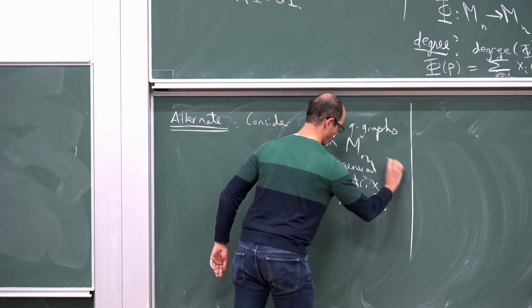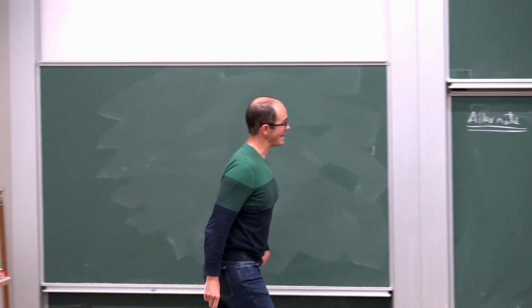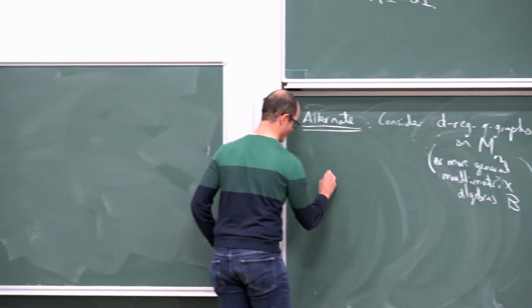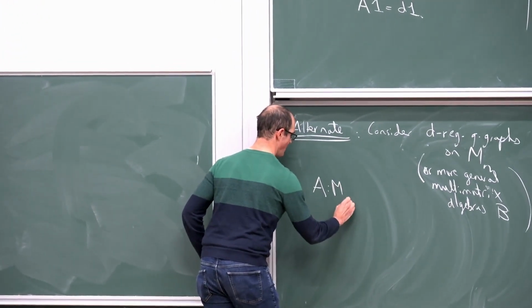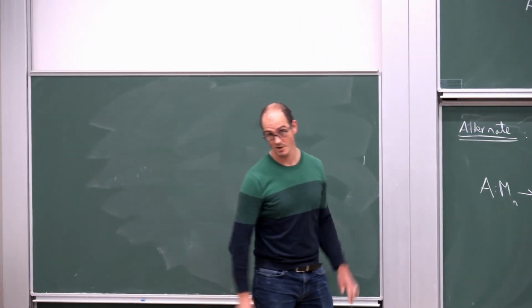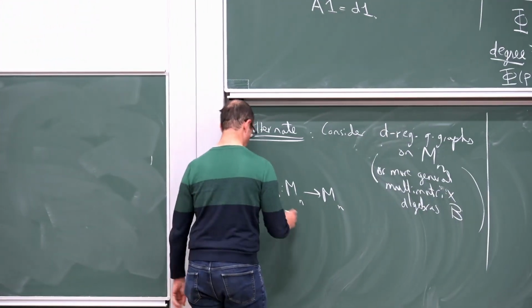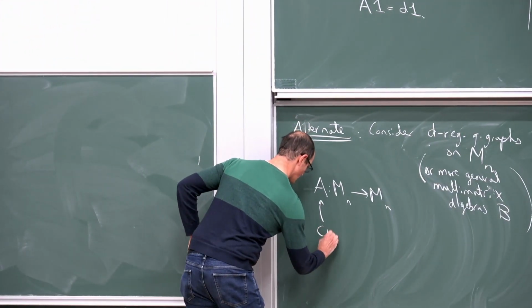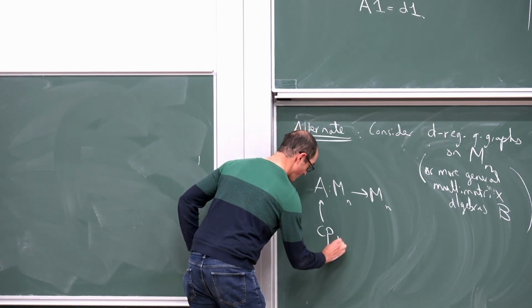Let's say B. So here now we consider a linear map from Mn to Mn, and we want this thing to be a quantum adjacency matrix. So this thing here is completely positive.